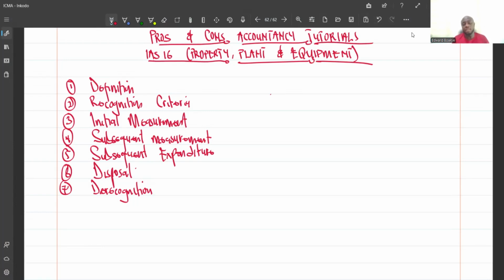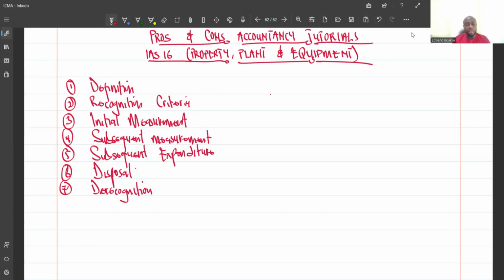They should be using it in generating income. So in this case, IAS 16 is talking about three uses of this asset. The three uses are, one, for the production or rendering of service. Two, for rental to others. And three, for administrative purpose.